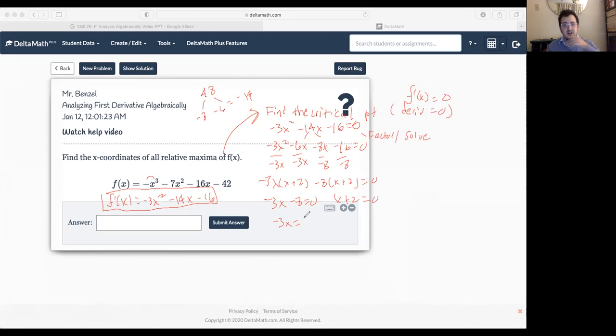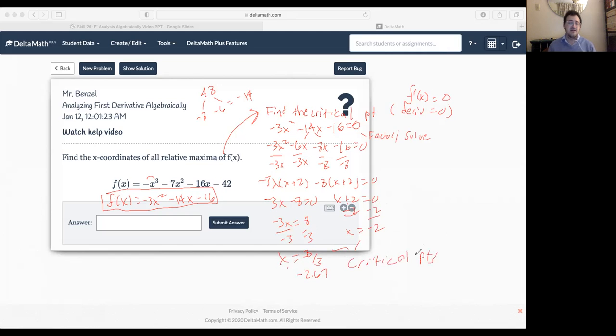I'm just going to move this 8 over to the other side. Divide by negative 3. And then on this one, I got minus 2. So I got x equals negative 2, and x equals negative 8/3, or about negative 2.67. And these are my critical points.